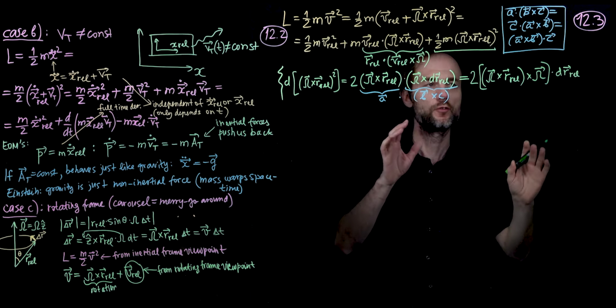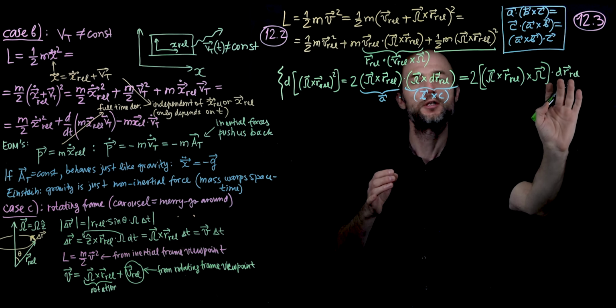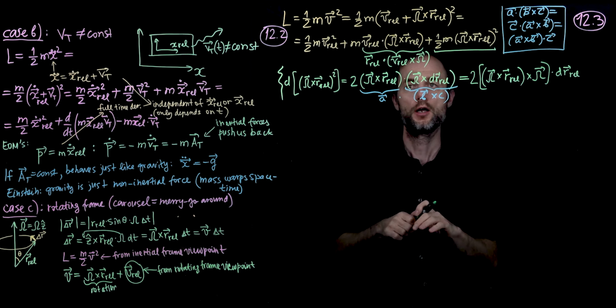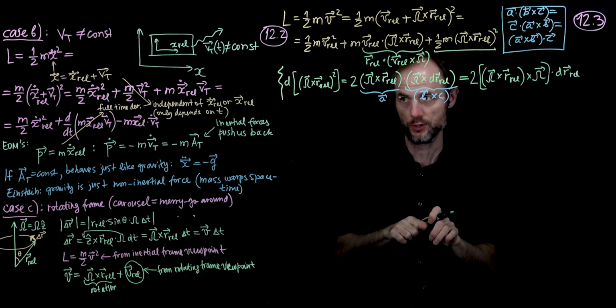So what we've done is freed up the coordinate here such that we can compute dL/dr_rel easily, and this is exactly what we've done here as well.